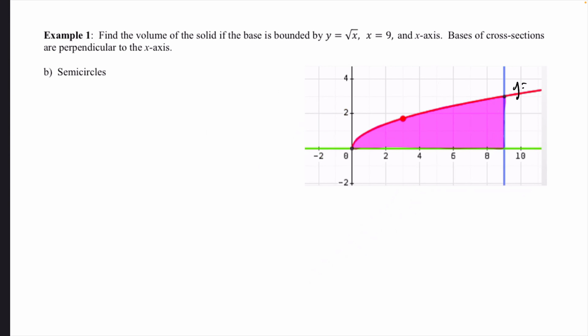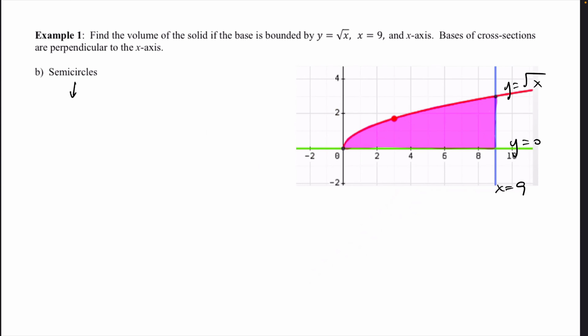Still have y equals square root x, still have y equals 0, and still have y equals 9. So semicircles are half circles.